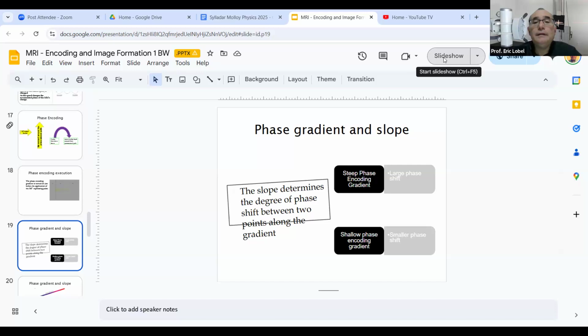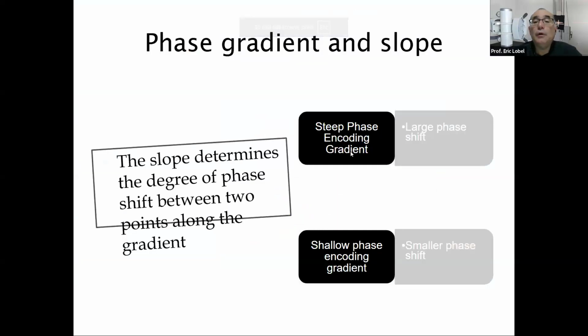And again, if we have a steep encoding step, right, apply a lot of energy, that's going to give us a large phase shift, put us more towards the top. Shallow puts us more towards the middle, but it's step by step in reality.